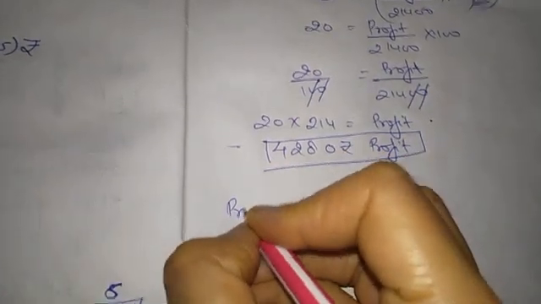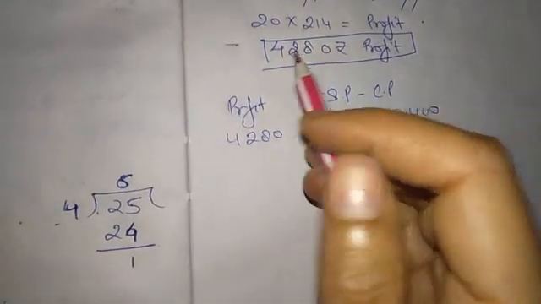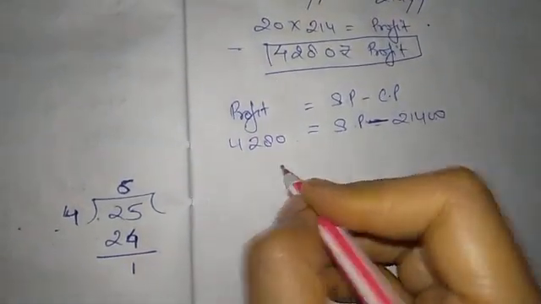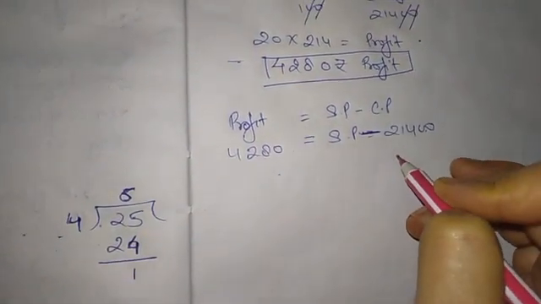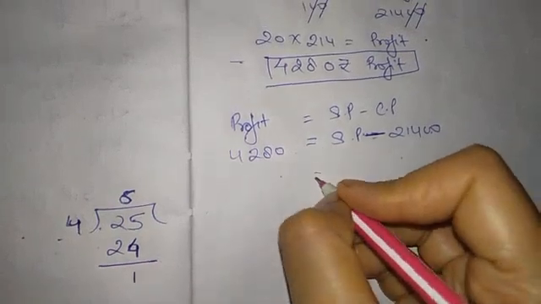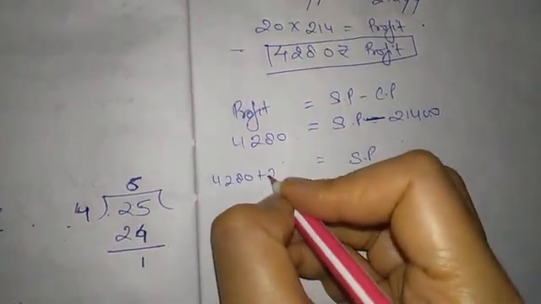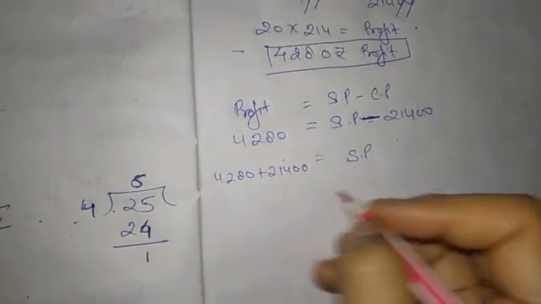We all know that profit is equal to SP minus CP. Putting the values which we had, now finding the selling price, it is 4280 plus 21400.